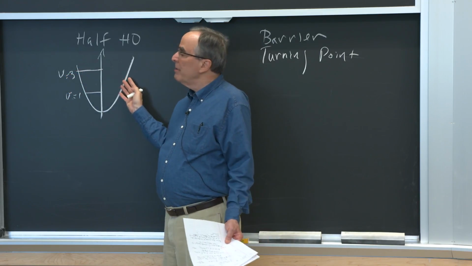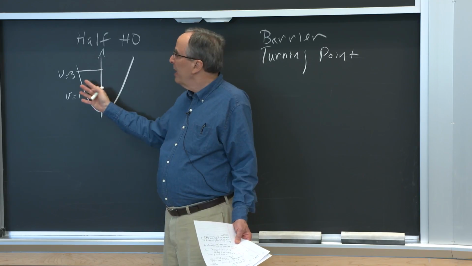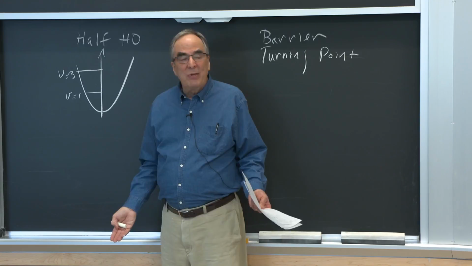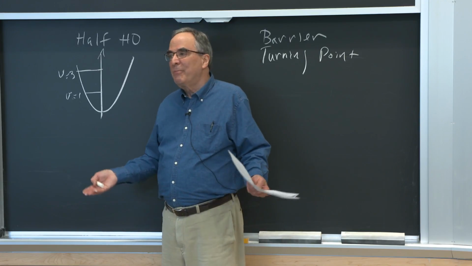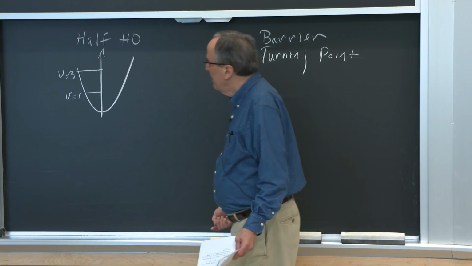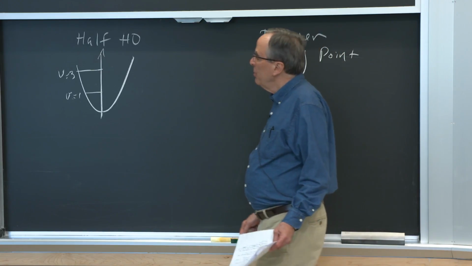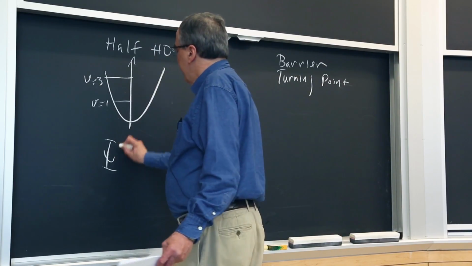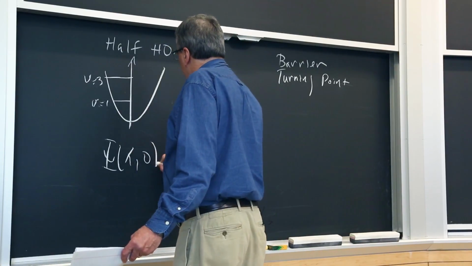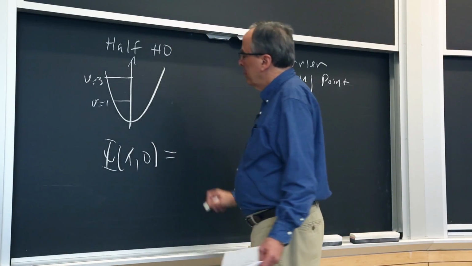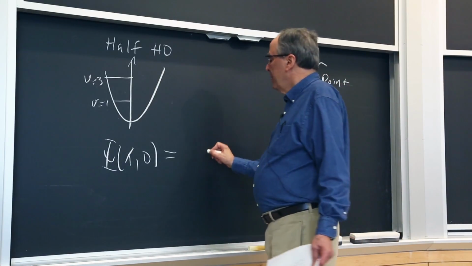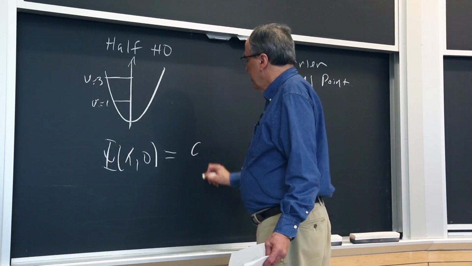And then we take away the barrier. So that's a cheap way of creating localization. Of course, we can't do this experimentally, but you could in principle do it. And so basically, you want an initial state which is a superposition of vibrational levels.